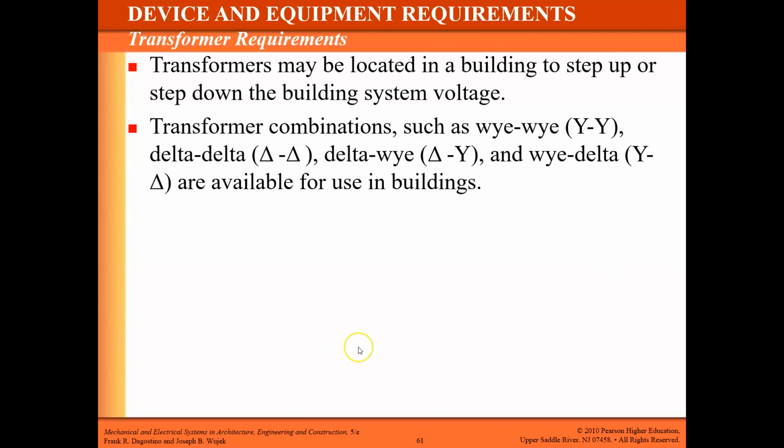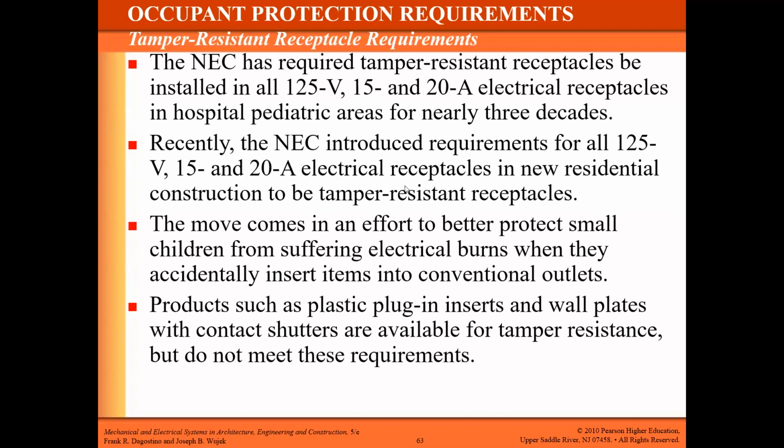There, of course, are different types of transformers, and this is talking about a few of them, YY or Delta Delta or Delta Y. We're not going to dig into all of the details of what all of that means, but just understand that not all transformers are exactly the same, and they don't all produce the same type of power.